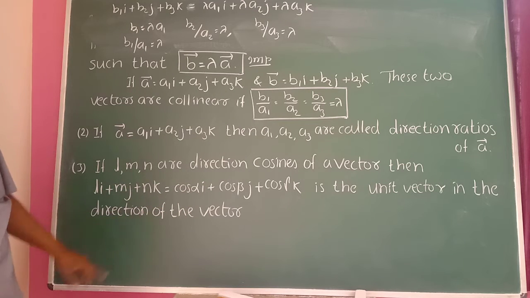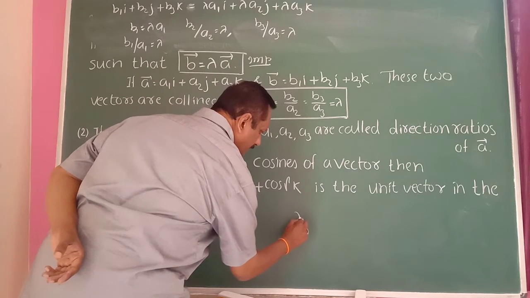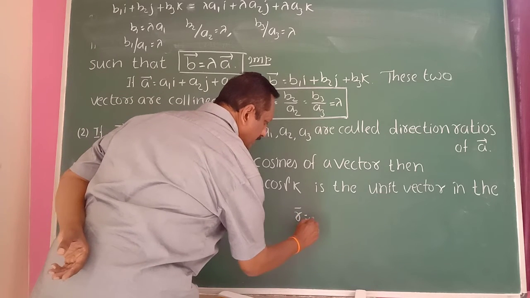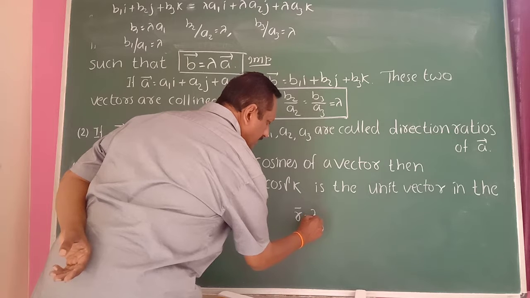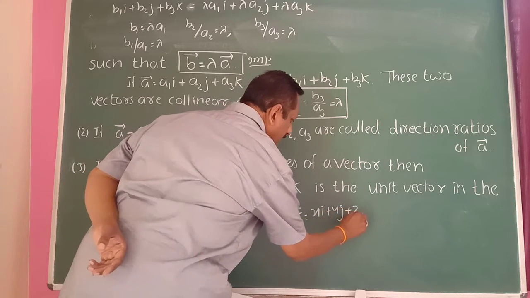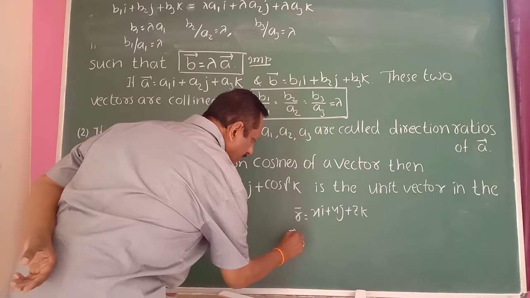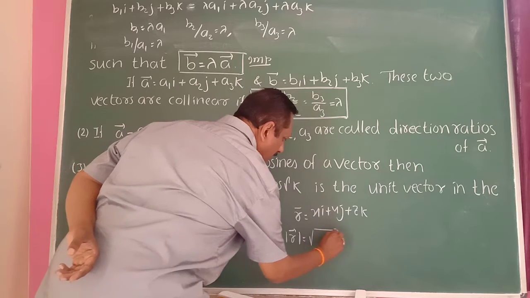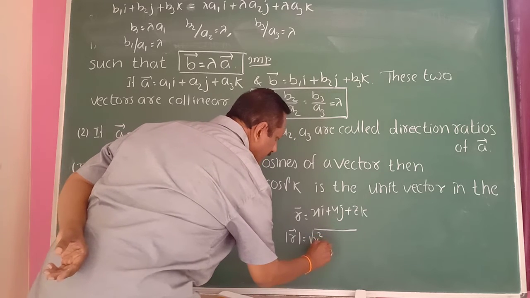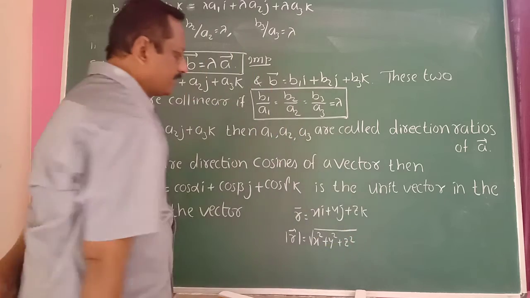It is a unit vector in the direction of the vector, because you know that suppose r bar is equal to xi plus yj plus zk. Then its modulus is given by modulus of r bar is the root of x square plus y square plus z square.